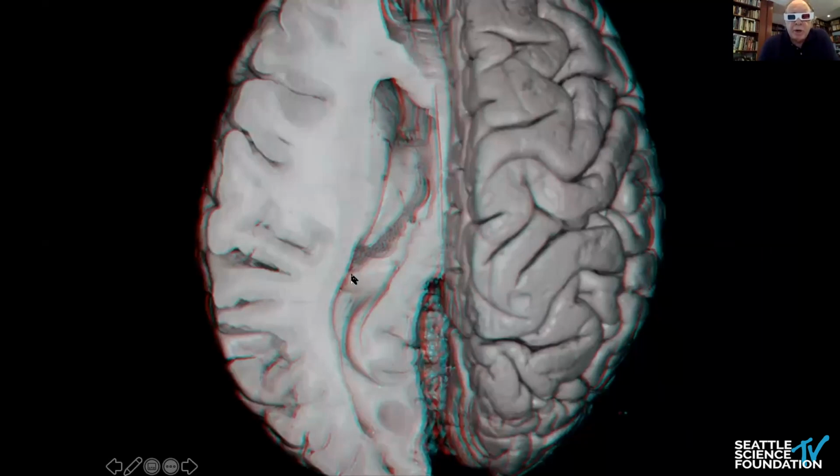More posteriorly, we have here the insertion of the tail of the hippocampus in the medial wall of the atrium. You have the bulb of the callosum. You know that you have the forceps major inside the splenium and the forceps minor inside the genu of the callosum. And posterior to it, you have the calcar avis, which is the inner aspect of the calcarine fissure. This is why this is gray matter.